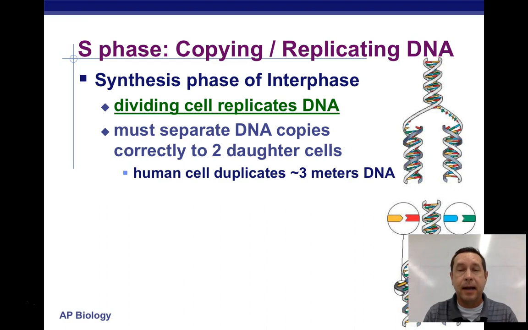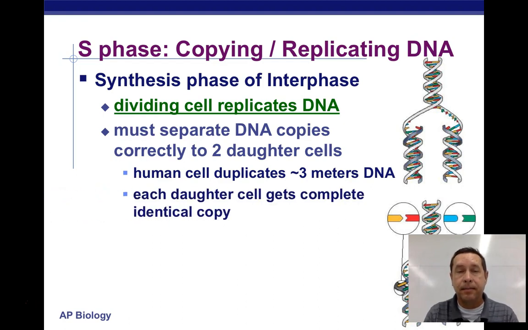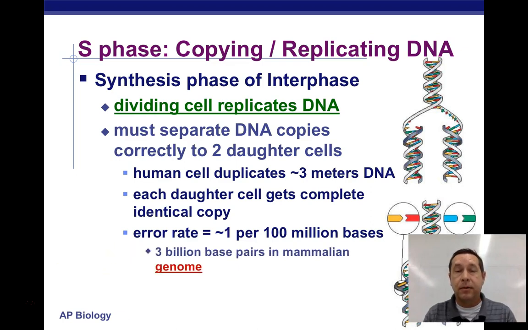And it's got to do it exactly right, or it can cause a problem. So the error rate for humans is about 1 mistake per 100 million bases. That seems pretty good, but there's 3 billion bases in a typical mammalian genome. So that's still a significant number of errors.